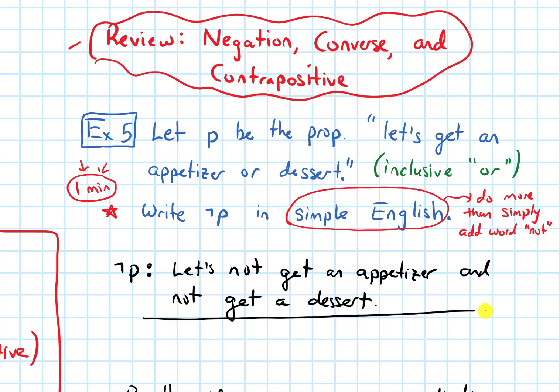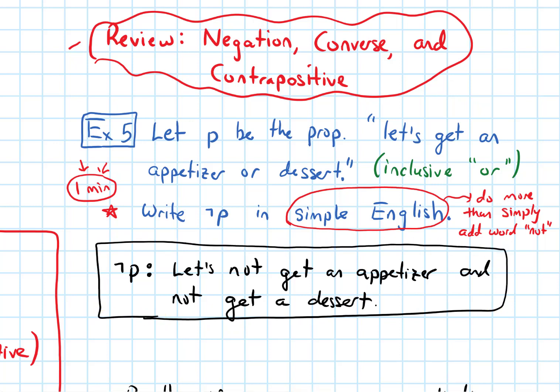Okay, so I want to box that. So in general, the property that we're seeing here is that if we negate an or statement, the negation of A or B, that is equivalent to saying not A and not B.